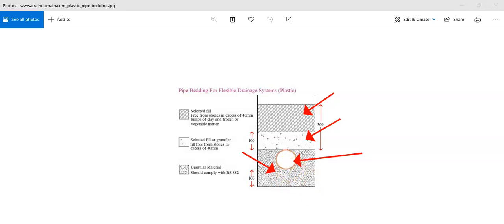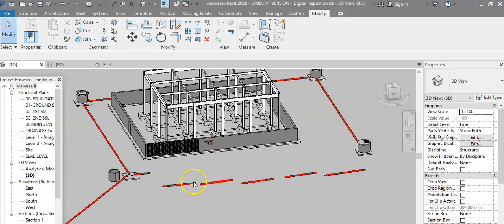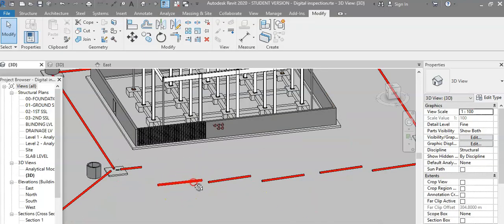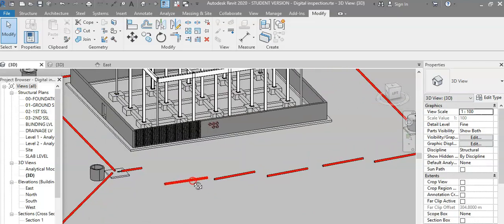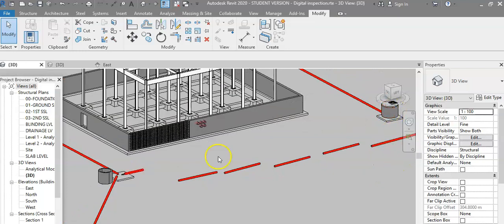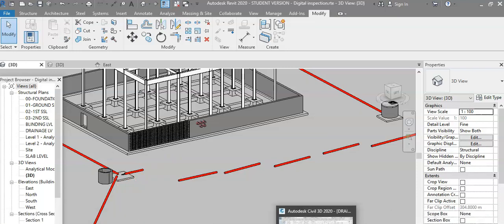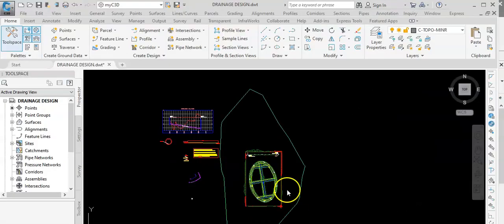So next is the pipe we are using. What type of pipe? Let's take those pictures off now. We try to understand what pipes we use to lay from this manhole to that manhole. Basically, in every project you will be given a specification about what type of pipes you're supposed to use.